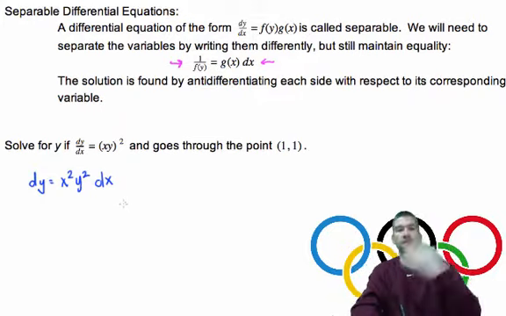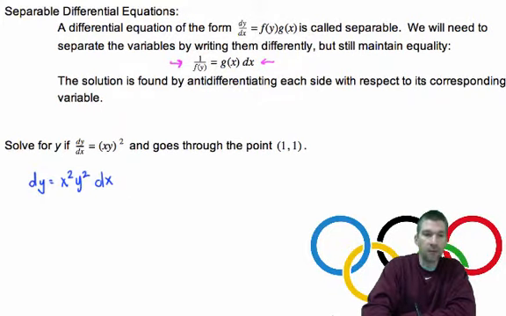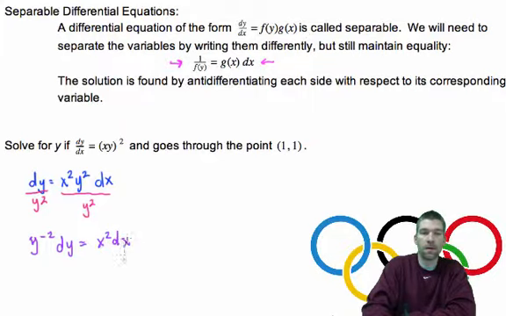And in order to continue separating variables, I'm going to divide both sides by y squared. What this gives me then is 1 over y squared. You know what? Let's be cool. Let's call this y to the negative 2 dy equals x squared dx.